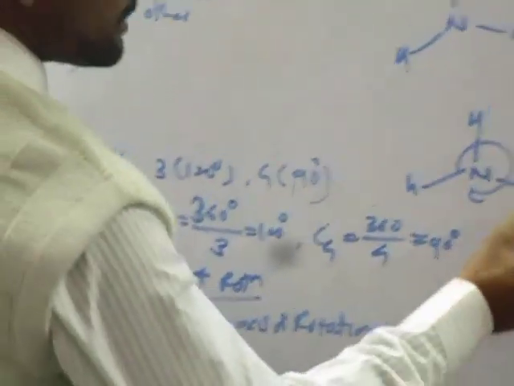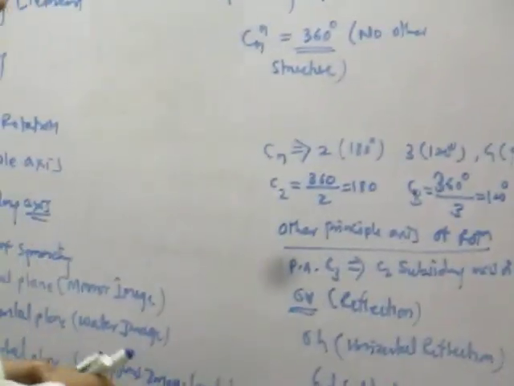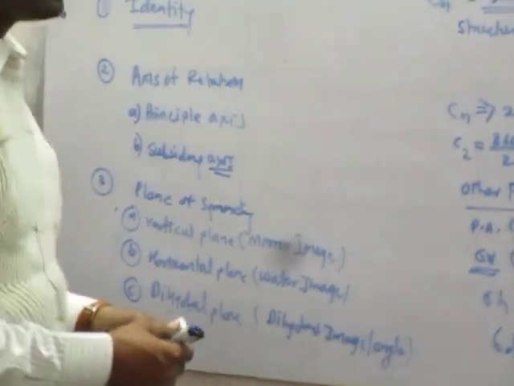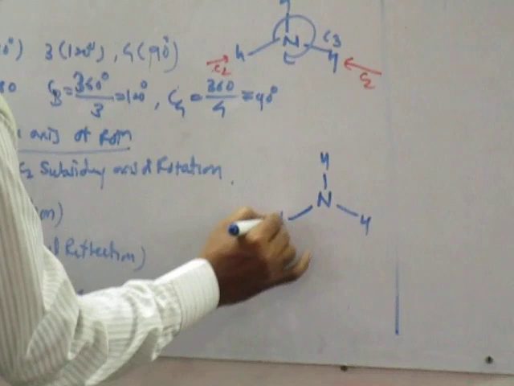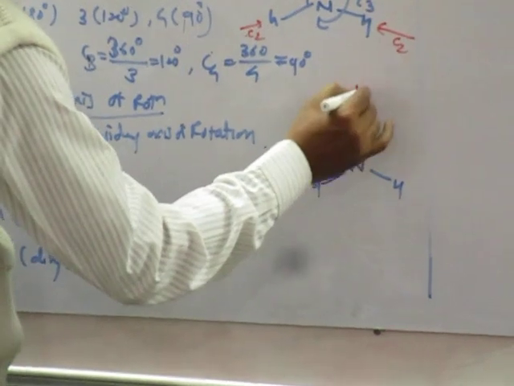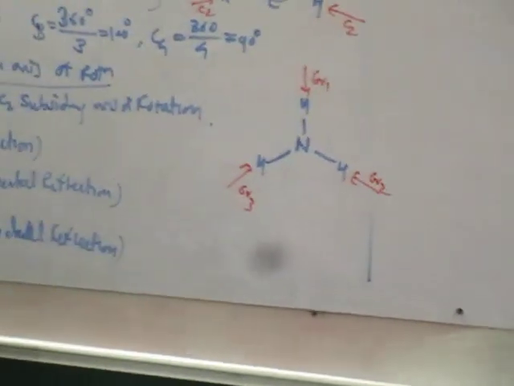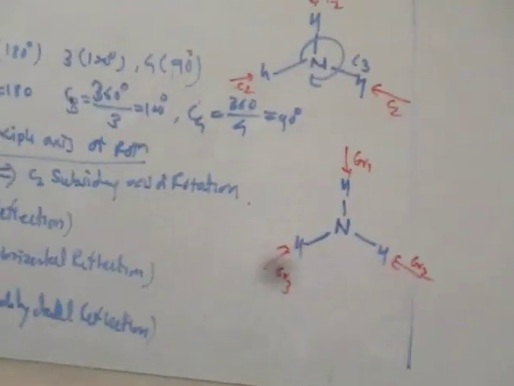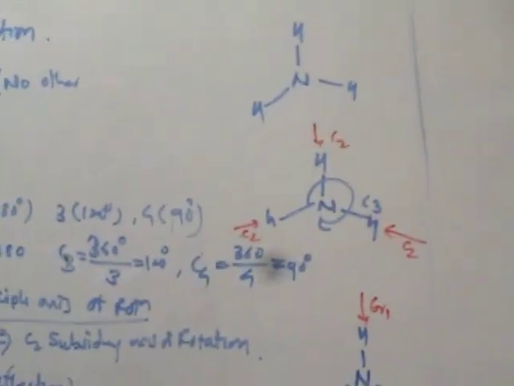In the case of subsidiary axes, the molecule has three C2 axes. There are three sigma v planes, sigma v1, sigma v2, sigma v3. There is no horizontal plane, and no dihedral plane, due to the symmetry of the NH3 molecule.